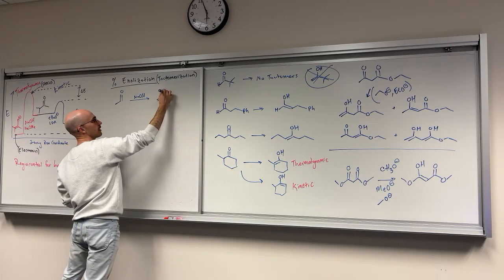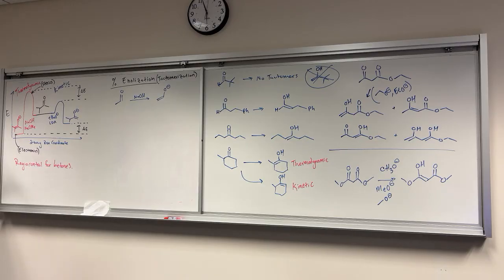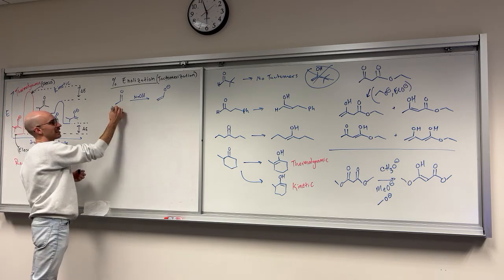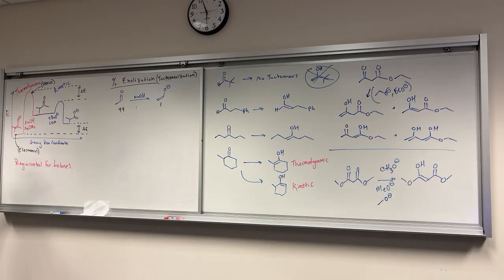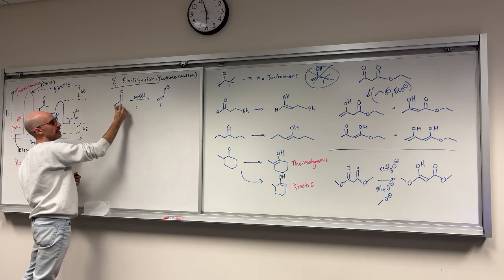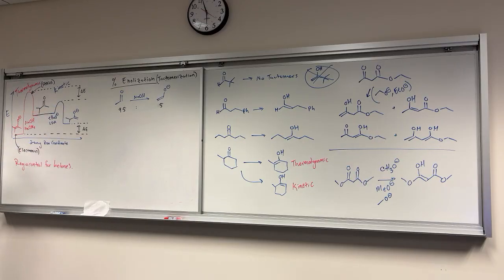This gives the enolate or the enol, so the tautomer, at a ratio of about 99 to 1. Actually, I'm sorry, I think this is more like 95 to 5. This small base is not very good at doing tautomerization.